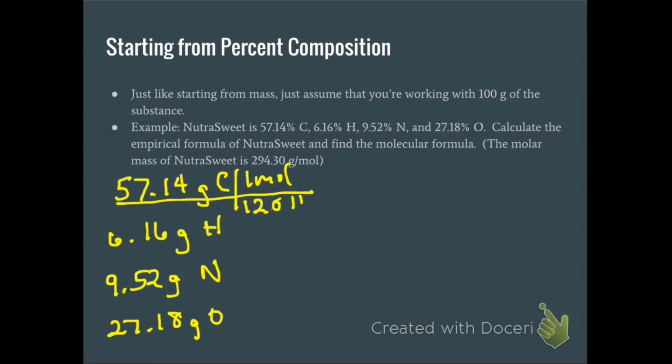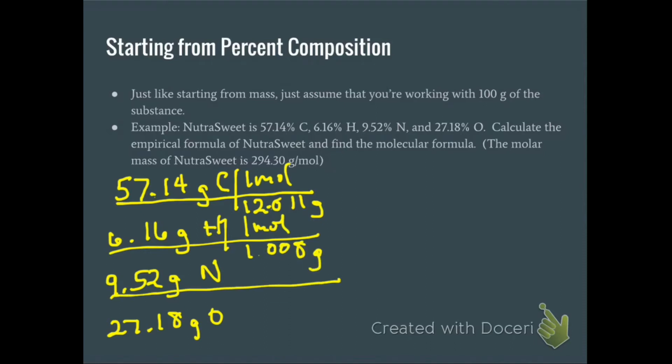So carbon is 12.011. Hydrogen's going to be 1.008. Nitrogen is going to be 14.007.